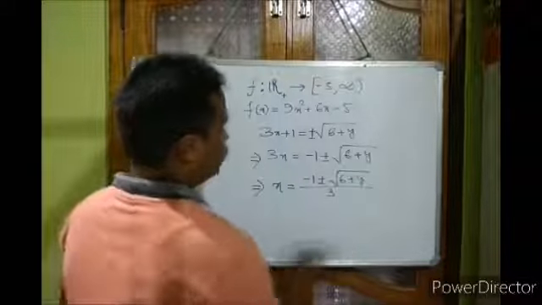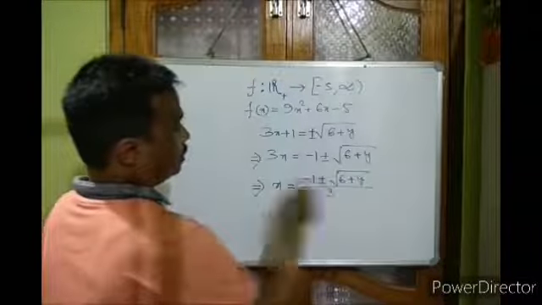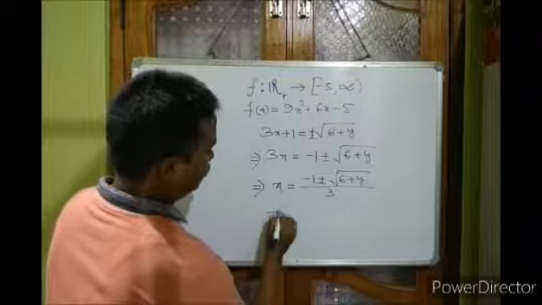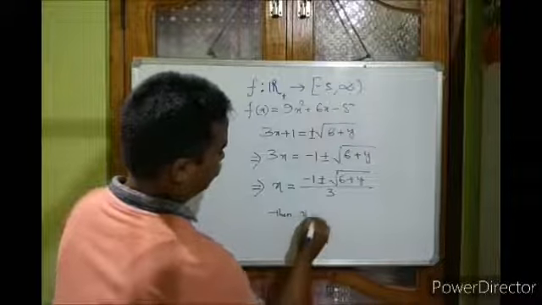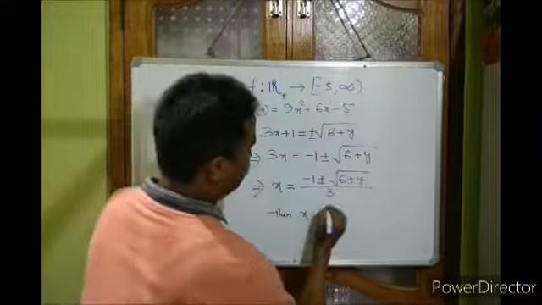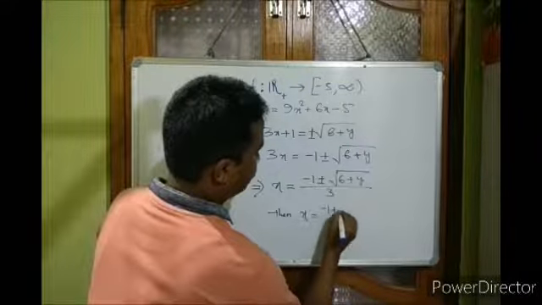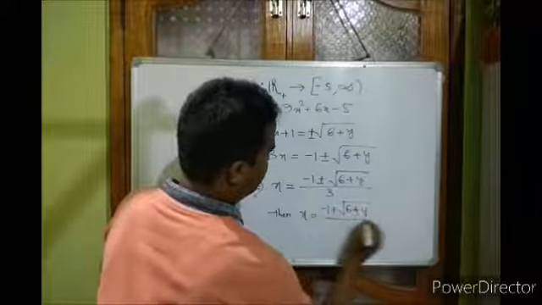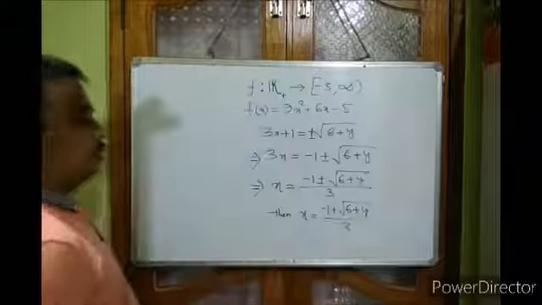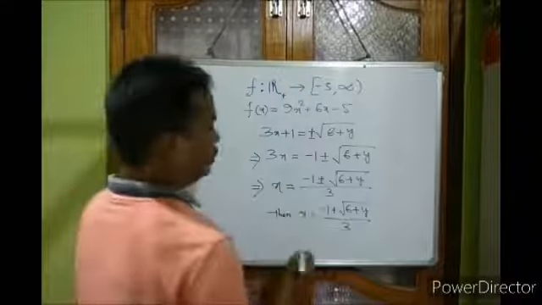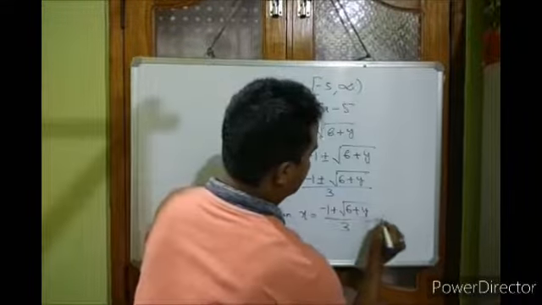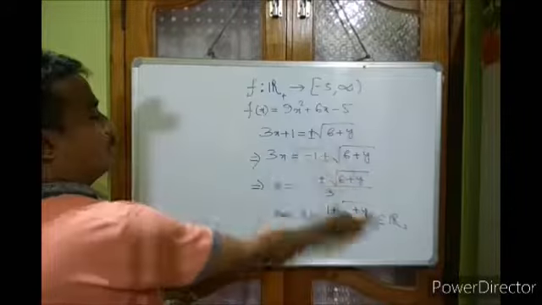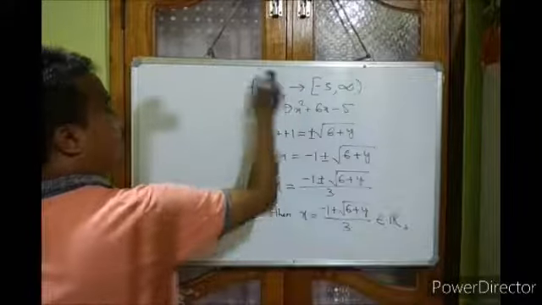If we take the positive sign here, then x is equal to minus 1 plus root over 6 plus y by 3, which is a positive number and belongs to R plus. That is, it belongs to this set.